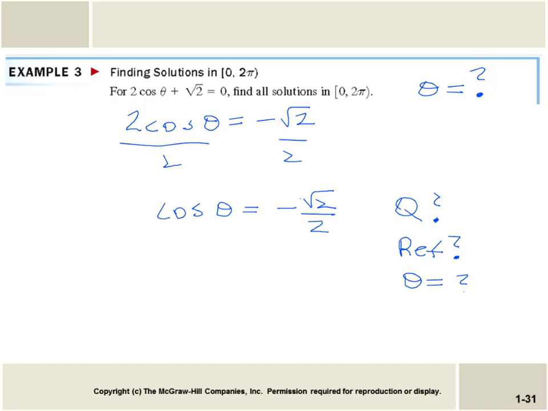Yeah, so quadrant 2 and 3, reference angle pi over 4, theta is 3 pi over 4, and 5 pi over 4.